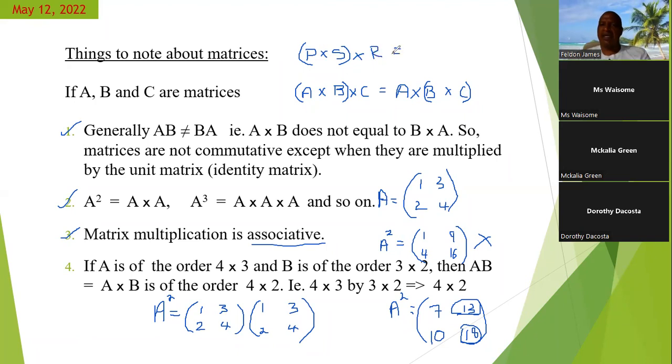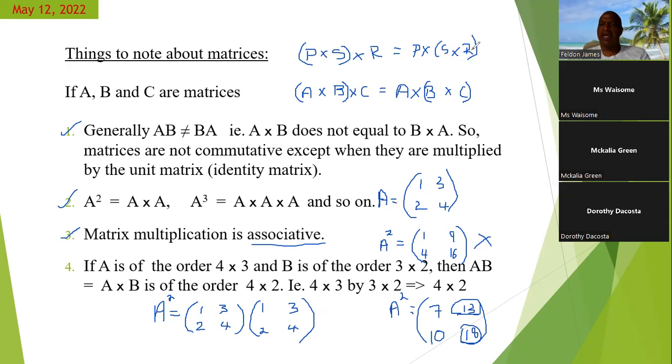Suppose you decided that you want to associate it this way, you would associate the S and the R together. That means you would work out this bracket first.